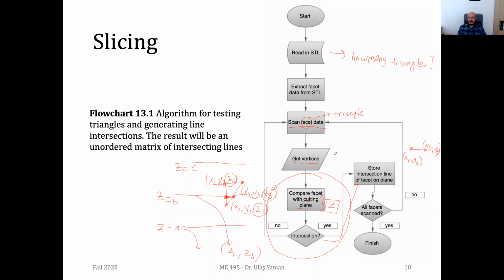So you will be doing these operations for the number of faces. After you obtain all the intersecting portions, you may stop this process and say that all the intersecting portions at that specific z height are obtained, and I can start the other algorithm.